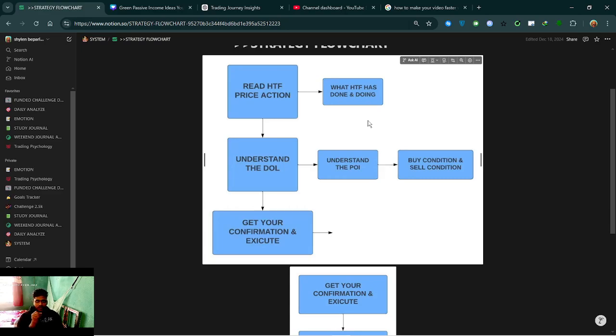I write it down. This is where I started, because I had this problem of forgetting. Like, I analyzed, and then once it was time for me to actually push the button and understand where I should enter, I used to forget these things. So I started writing down my thought process, my buying and selling conditions, what I am seeing.